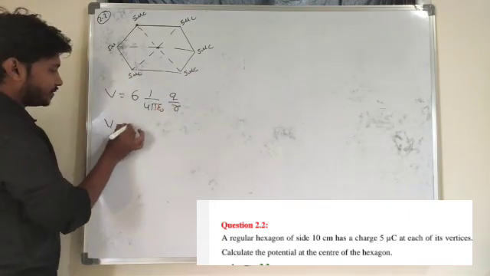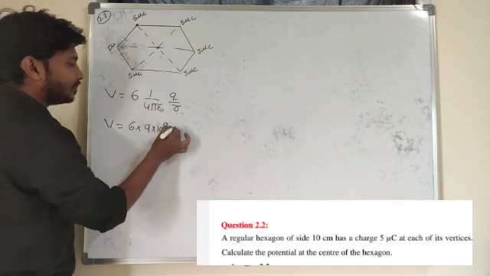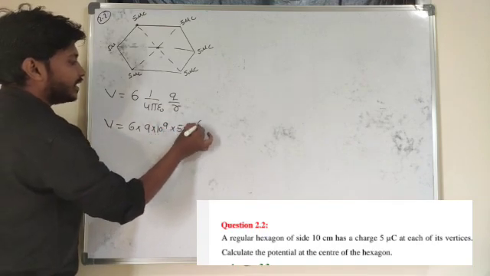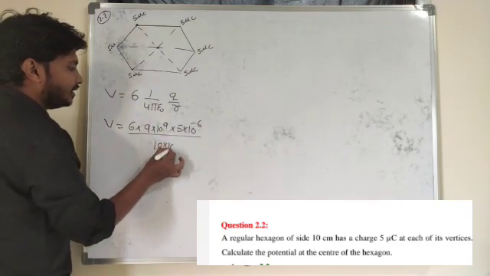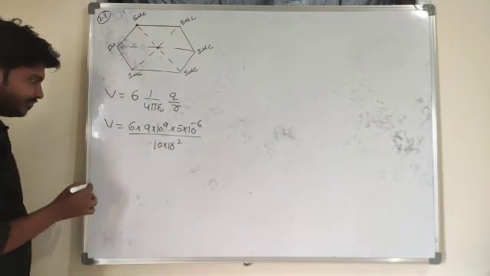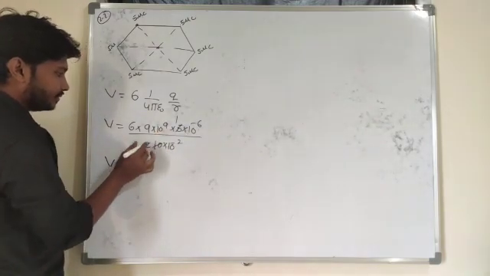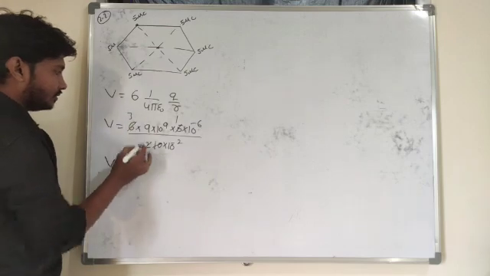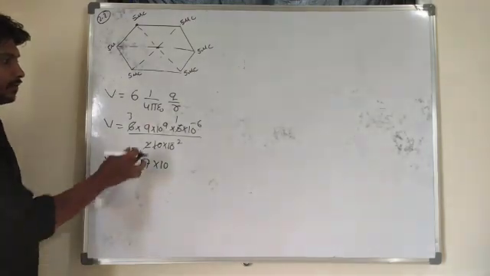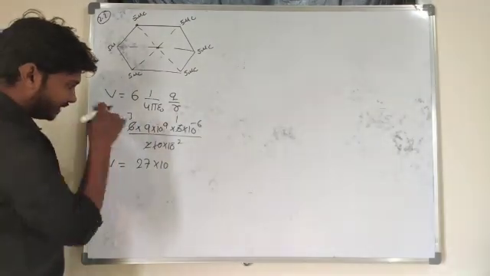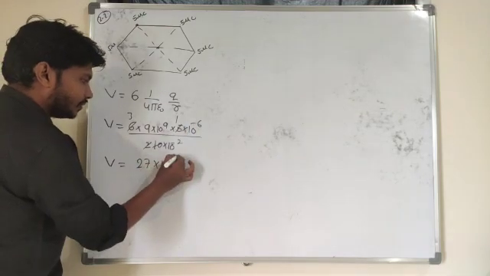6 into 1 by 4 pi epsilon naught, whose value is 9 into 10 to the power of 9, charge value is 5 into 10 to the power of minus 6, distance value is 10 into 10 to the power of minus 2. So what is the V value? 9 into 3, 27 into 10 to the power of 9 minus 6, that is 10 to the power of 3, and 10 to the power of minus 2 in the denominator goes to the numerator as plus 2.